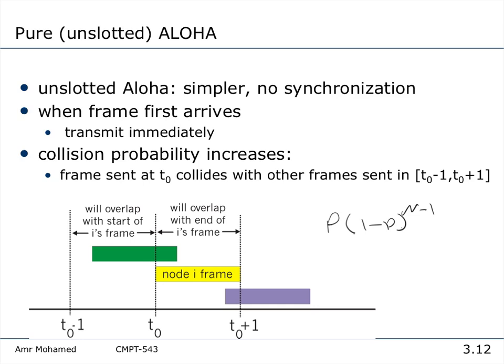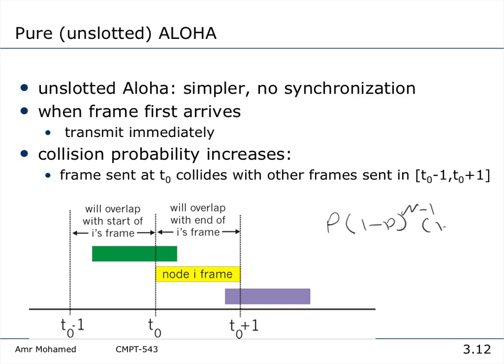The same node was trying to send a few milliseconds ago and did not finish the transmission, so it overlaps with my transmission. Or the same node finished transmission, and then started a new transmission that overlaps. You see now, the probability of collision is even more severe.